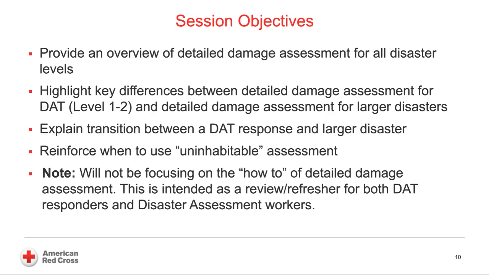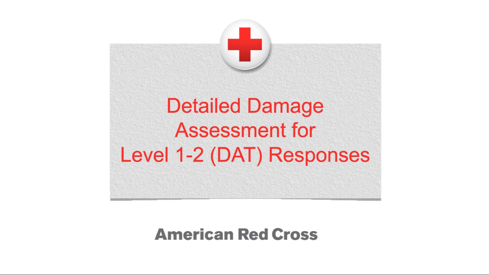And we'll spend a few minutes reinforcing when to use the different assessment classifications, in particular that uninhabitable assessment. So again, not a training, not a deep dive, but more of a refresher review for all of you as we go. So we're going to start out with our detailed damage assessment for level 1, 2 DAT responses. We can go ahead and go forward.